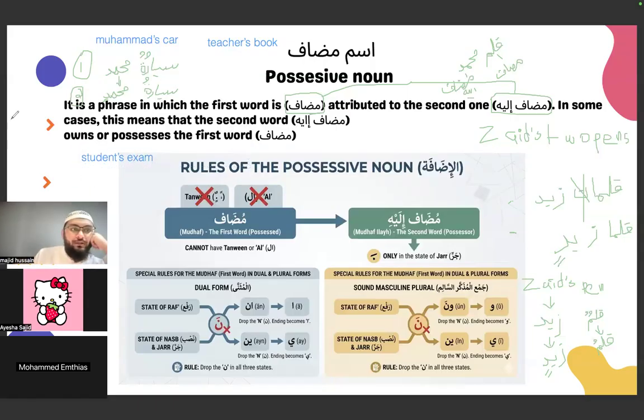And the word for exam is... Brother Muhammad, you can write, inshallah. Sister Aisha, you can do this one. Students' exam. The word for exam is اختبار.